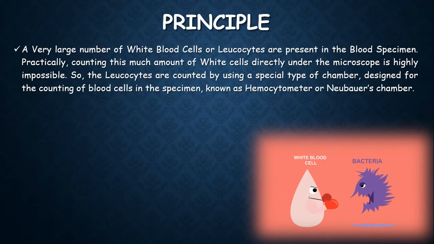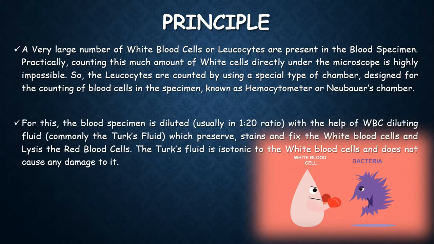Now the next one is the principle. A very large number of white blood cells or the leukocytes are present in the blood specimen. Practically, counting this much amount of white cells directly under the microscope is highly impossible. So the leukocytes are counted by using a special type of chamber which is designed for the counting of the blood cells in the specimen, which is known as the hemocytometer or the Neubauer's chamber.